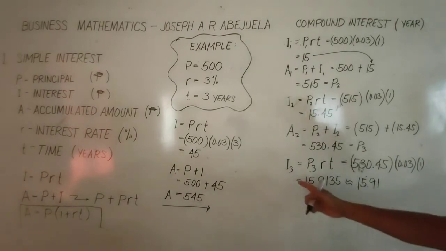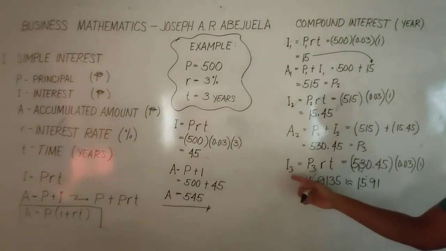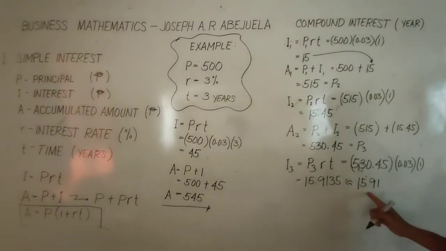So our interest amount at the third term, at the third year, is 15.91.